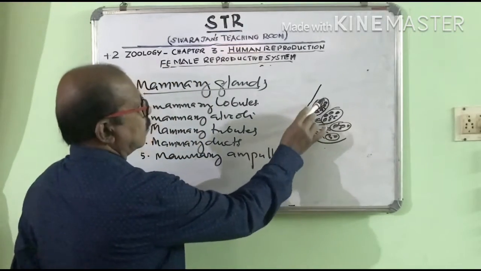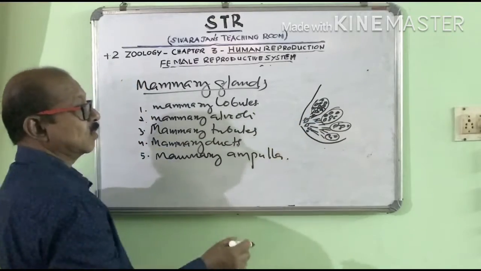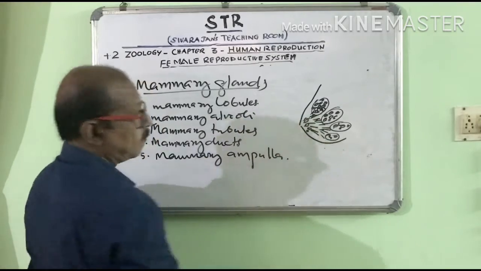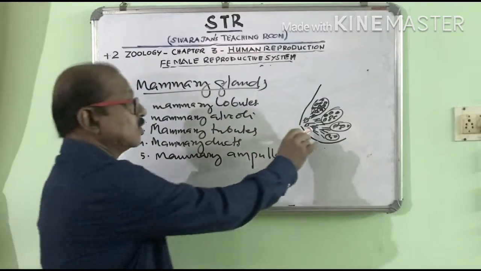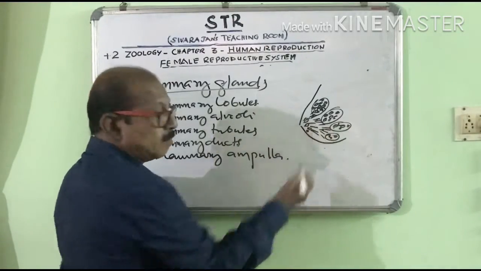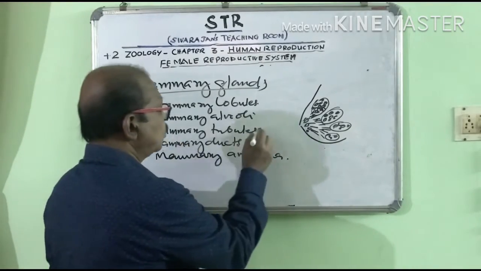So mammary lobules, then each lobule has got thousands of small cavities called mammary alveoli. The mammary alveoli produces milk and stores it, and each mammary alveoli leads into a very small tube called mammary tubules.